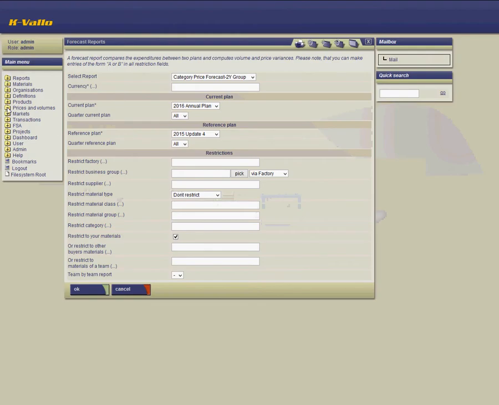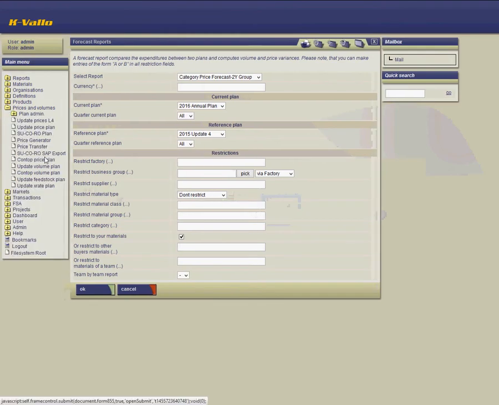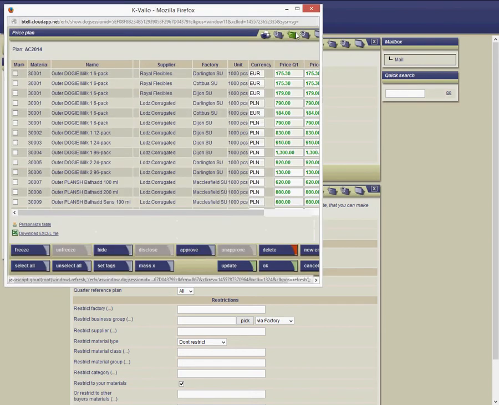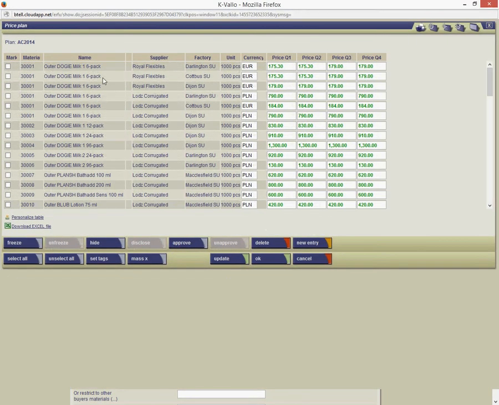We have a set of prices which we call the price plan, and we have it for actual 2014, and that's what I'm going to show to you here. So those are the prices which we have in the system for our sample company, which is a baby foods and care company, and every material item has a price.